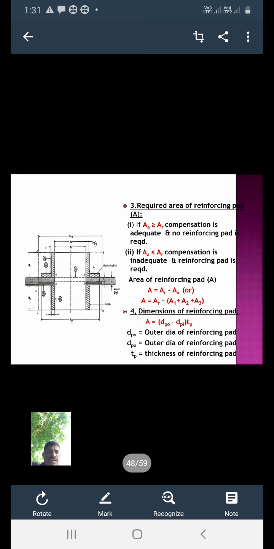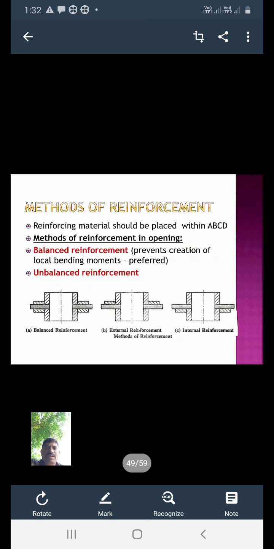Remember that. Then there are different types of methods used for the reinforcement. We'll see in detail. It is necessary to place the complete reinforcing material within the boundary ABCD.